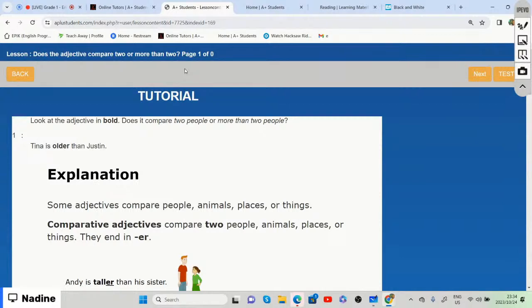Is it comparing two people or is it comparing more than two people?